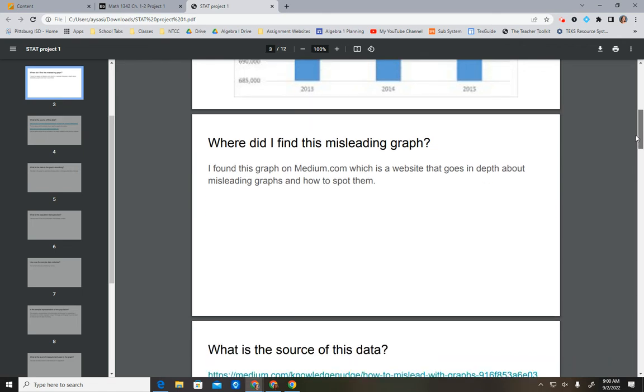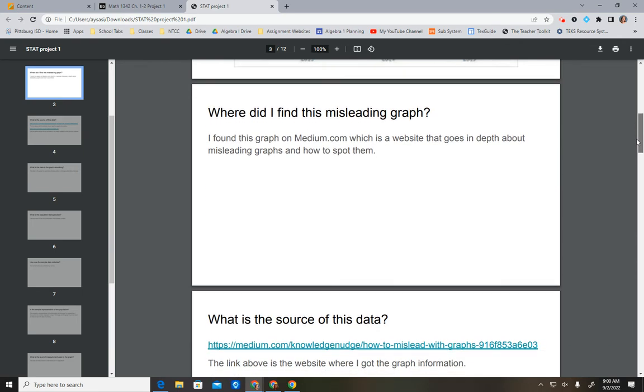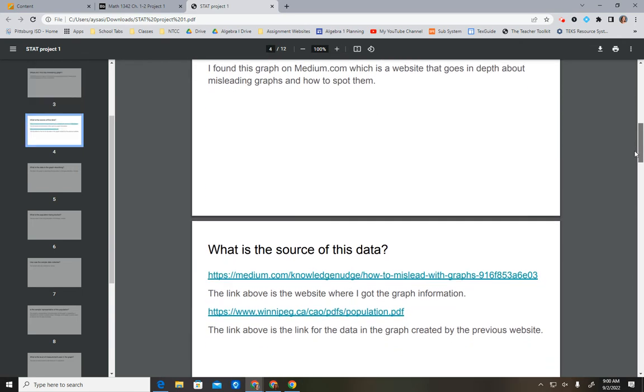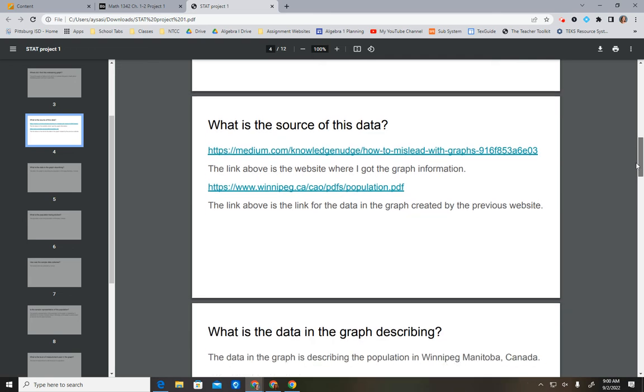So she answered the questions. Where did you find it? What is the source? So she gave me the link of where she found it, but also where it was used on a website. So it's actually the source of where it came from.